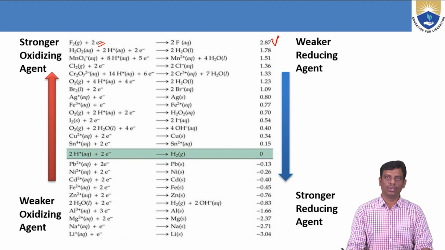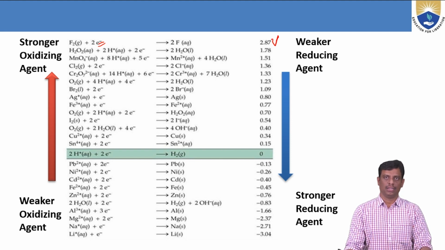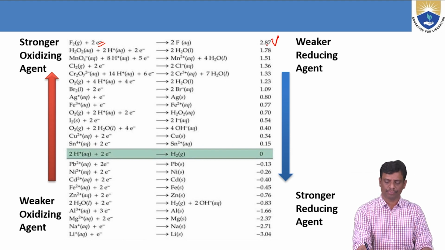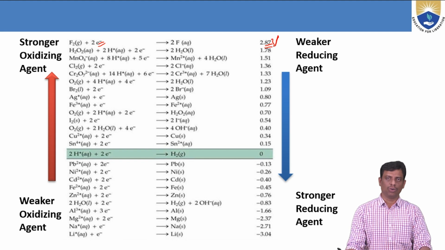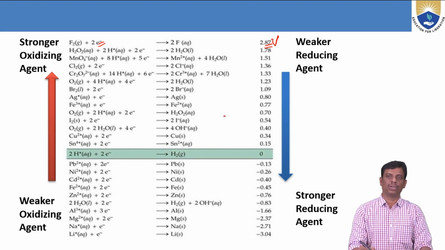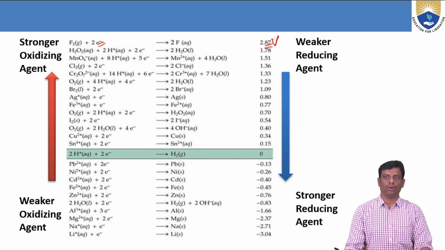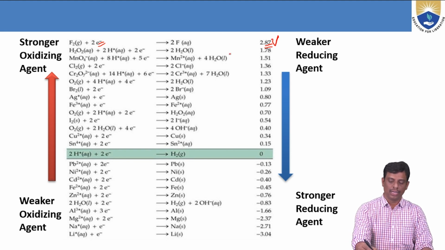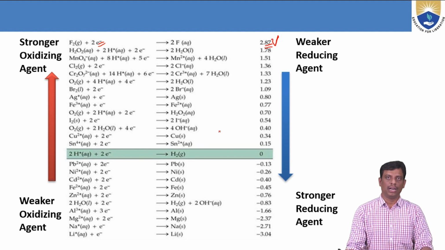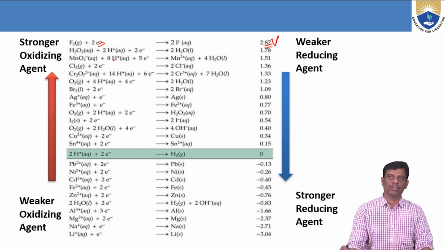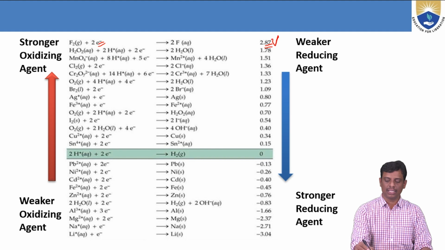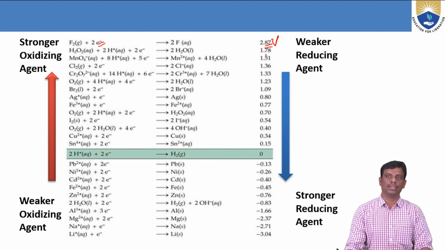In aqueous solution, the gain of electrons is called reduction, and that reduction potential is 2.87 volts. Based on the reduction potentials, we arrange the order; that is called the electrochemical series. Fluorine has the highest positive potential, 2.87.